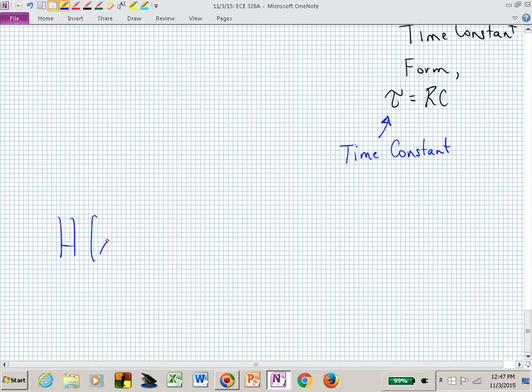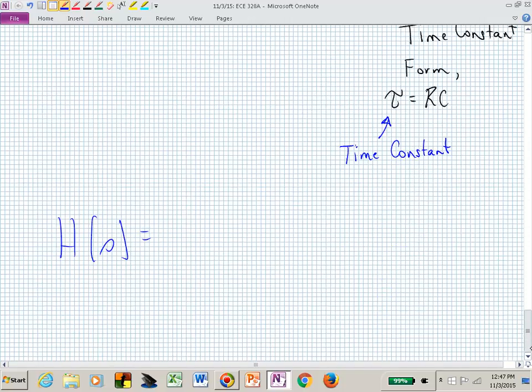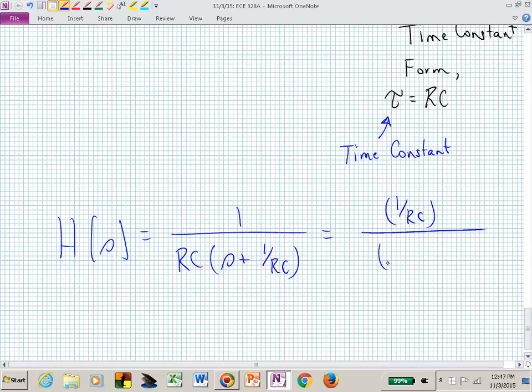If I now factor out that 1 over SC from the denominator, if I factor out the RC, now I have this transfer function written differently.